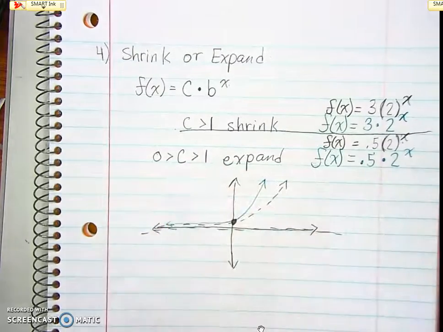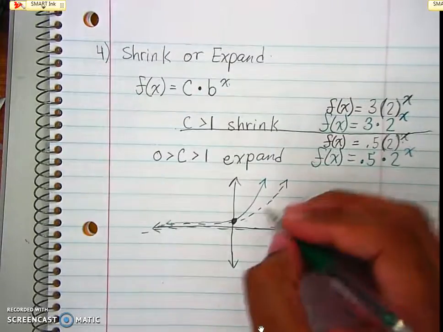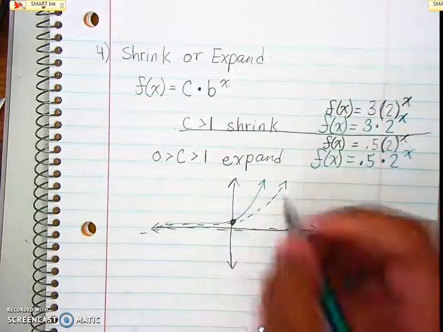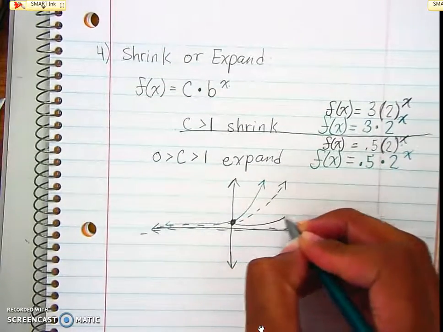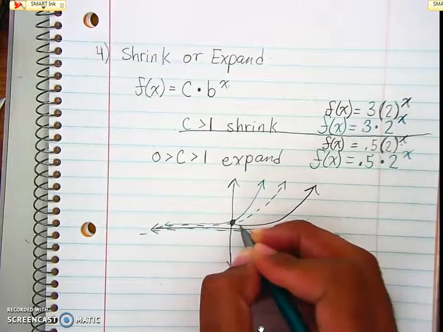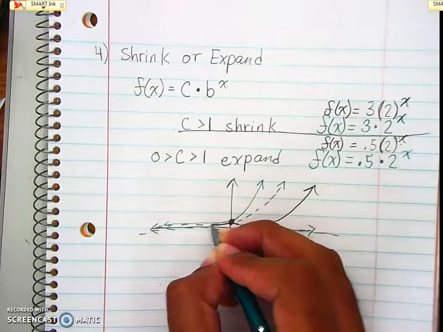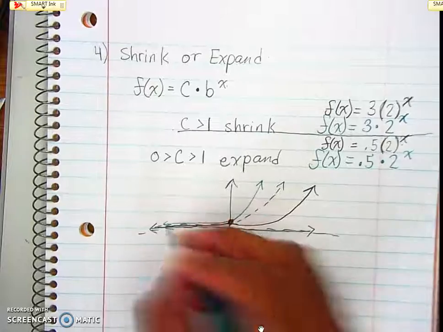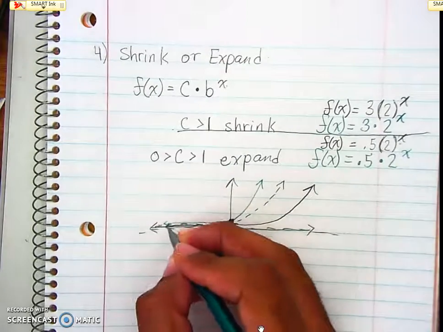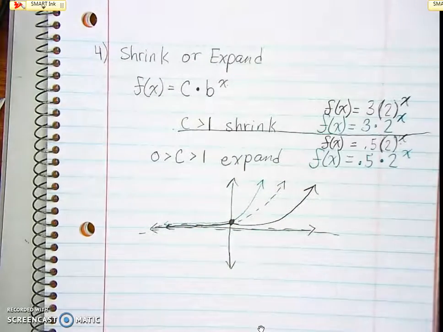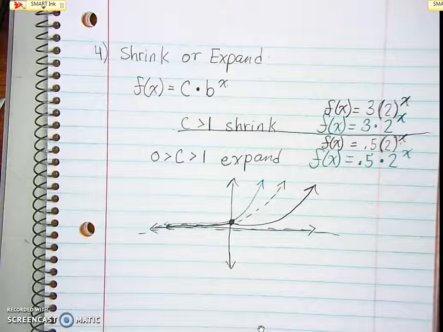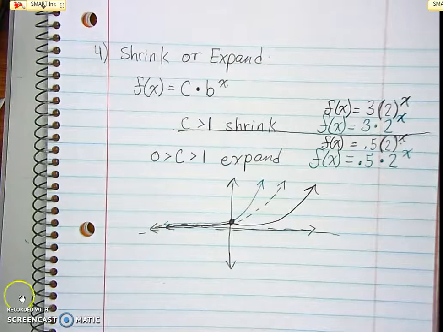If we say expands, we're going to make it come wider. So this is expands, it comes wider, but it still goes through 0, 1. So it's not hard. We can do that. Alright, so in the next video, we're going to do an example with transformations and all that good stuff. So we already know how to do that.